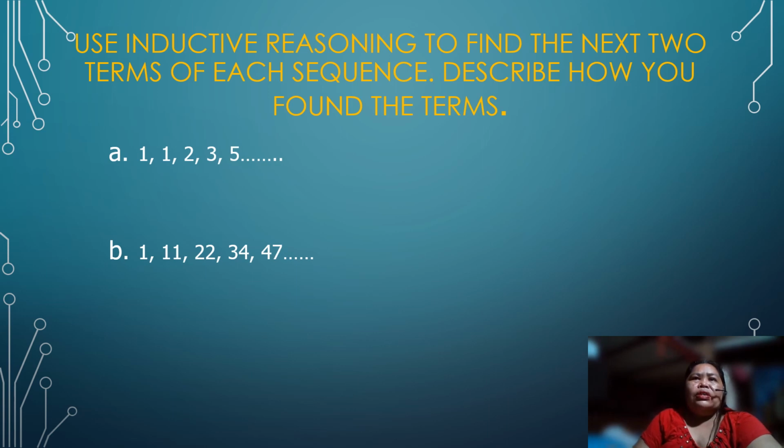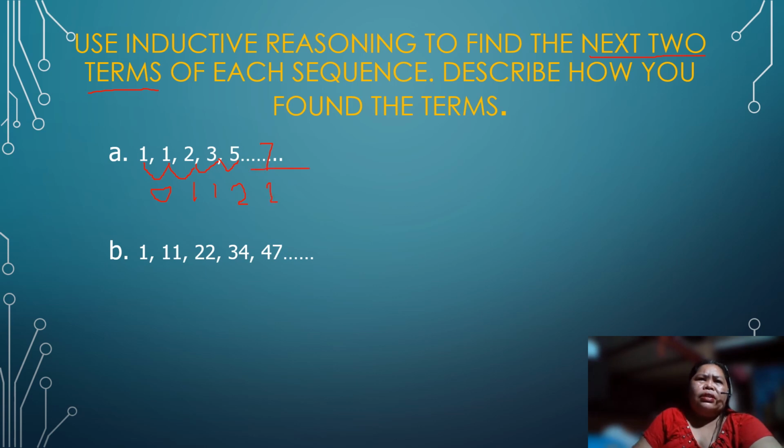Okay, next. Use inductive reasoning to find the next two terms of the sequence and describe how you found the terms. Here, 1 minus 0 is 1, 2 minus 1 is 1, 3 minus 1 is 2, 5 minus 3 is 2. So that means the next is 7, because 7 minus 5 is 2.